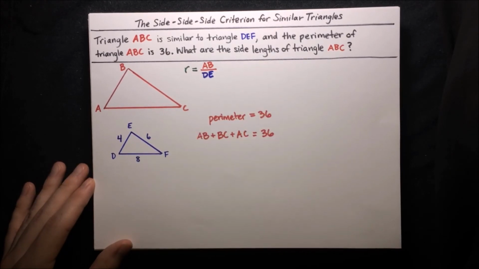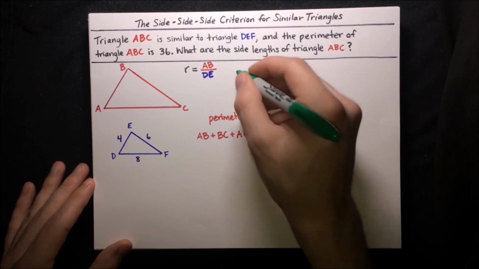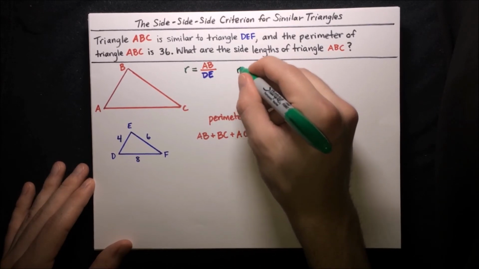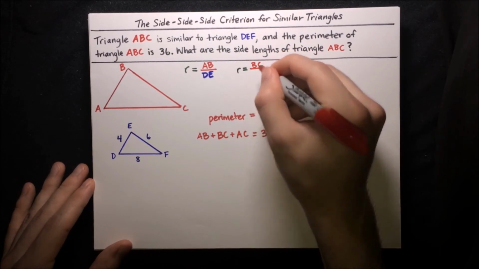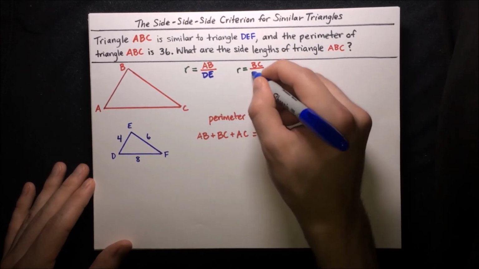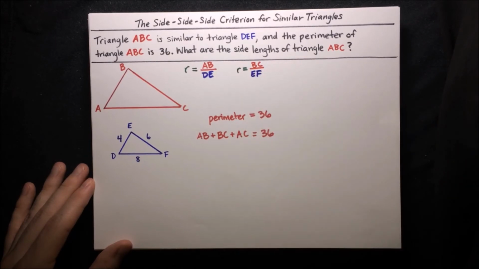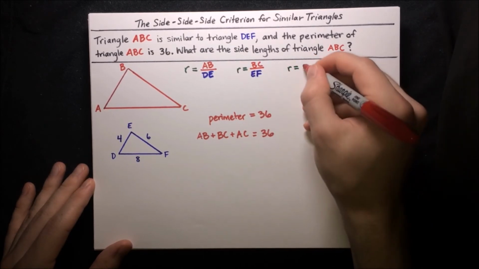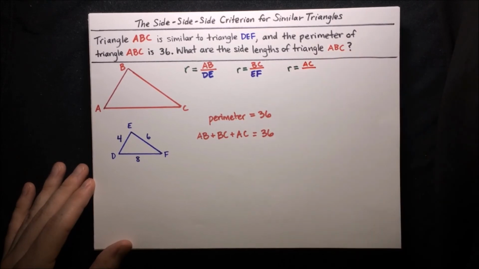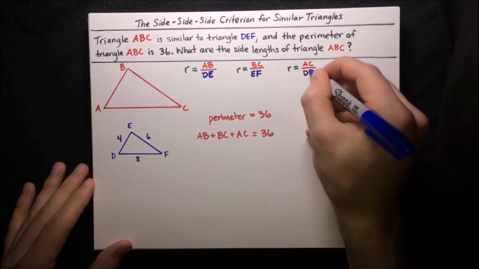And let's do this for all of the other pairs of corresponding sides as well. So we also have that r is equal to the middle side BC over the middle side EF. And lastly, we have also that r is equal to the long side AC over the long side DF.